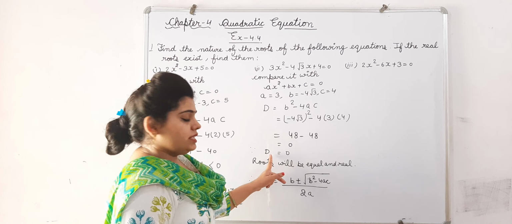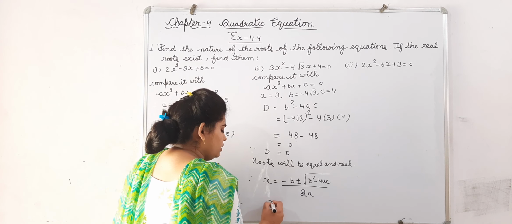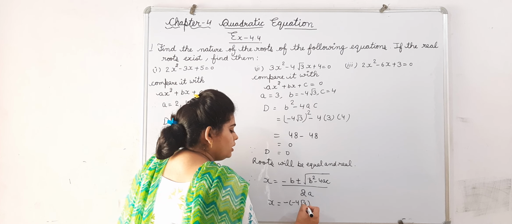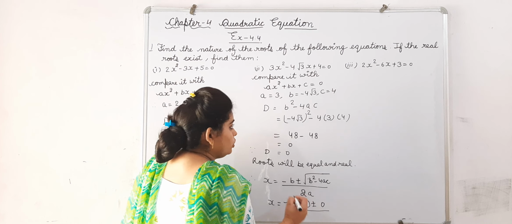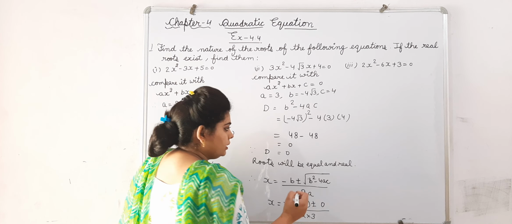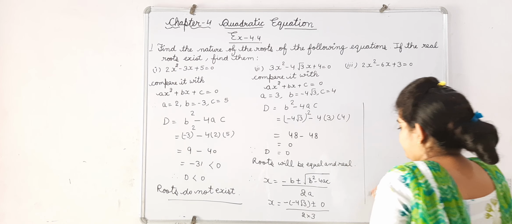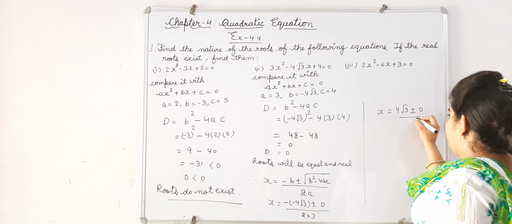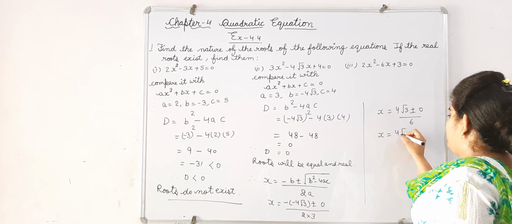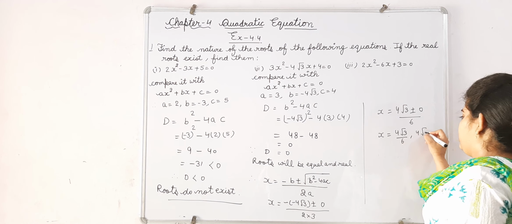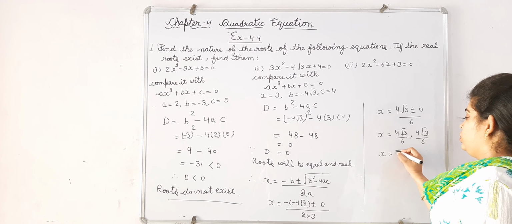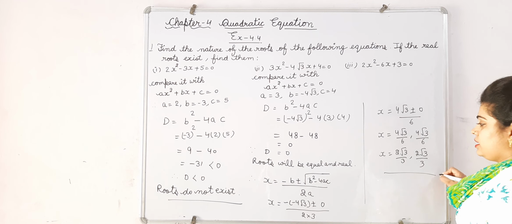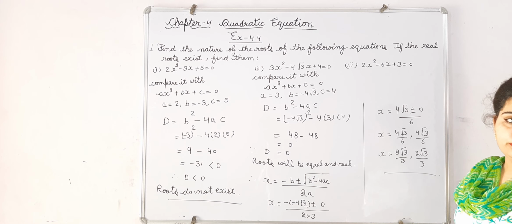This b square minus 4ac is the discriminant D and it is equal to 0. Then x is equal to minus of minus 4 root 3 plus minus 0 divided by 2 multiplied by 3. So x is equal to 4 root 3 plus minus 0 divided by 6. x is equal to 4 root 3 by 6, 4 root 3 by 6, means 2 root 3 by 3 or 2 root 3 by 3. This is the answer of the second part.